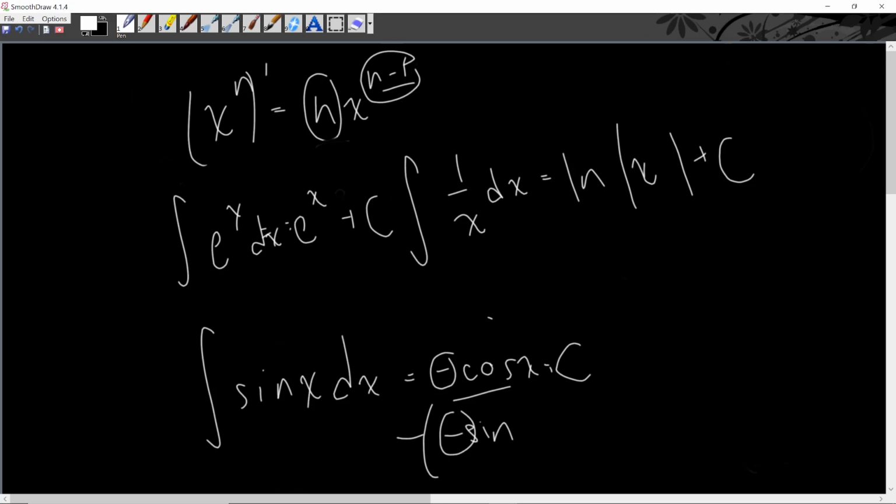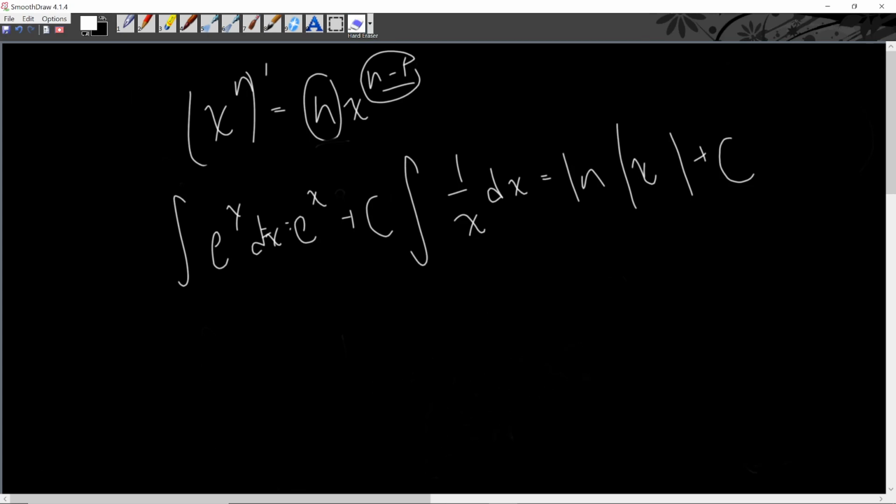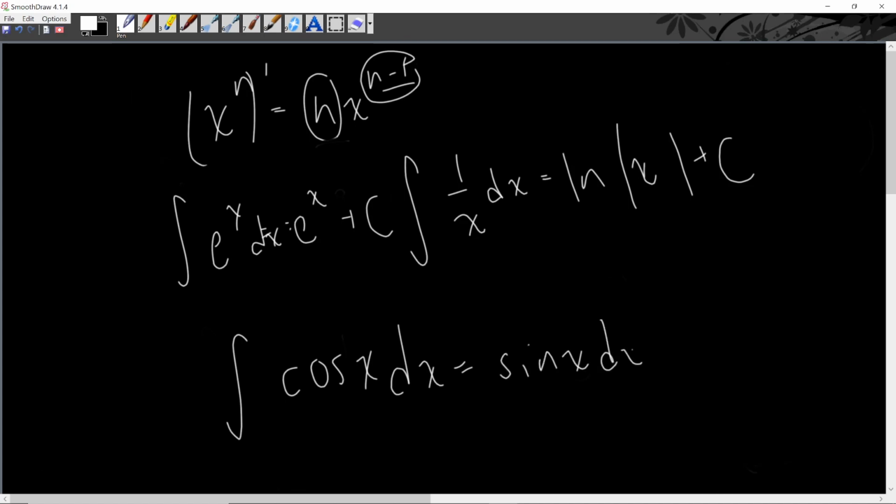By that same logic, the integral of cosine x dx is equal to sine x plus c.